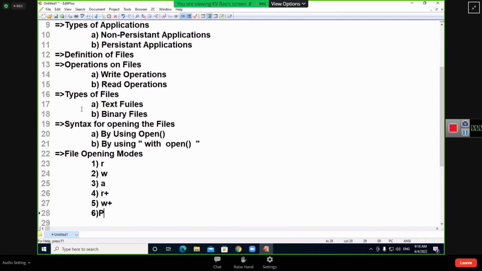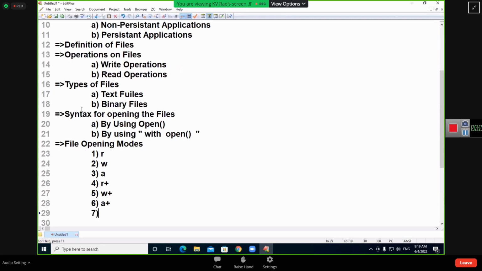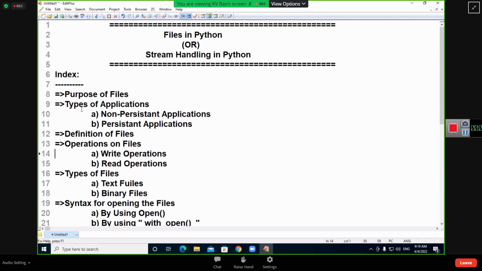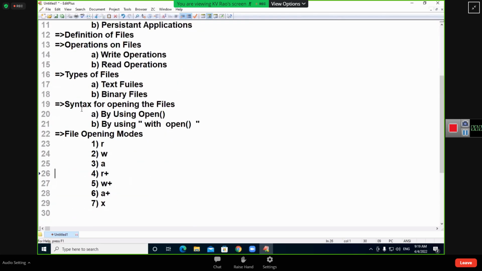Sixth is A plus, seventh is X mode. These are the complete modes. Anybody who takes it, they will discuss these two modes only, because they are very simple. But we will discuss almost everything.